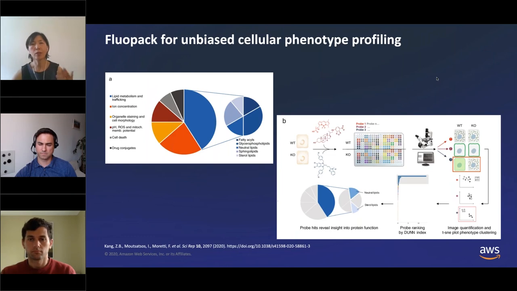So in the KO line, your protein of interest is removed from the cell line, so it does not have that protein. Both of those cells are plated on different wells on the same plate to facilitate comparison, and the probes are plated on the plates, one probe per well.